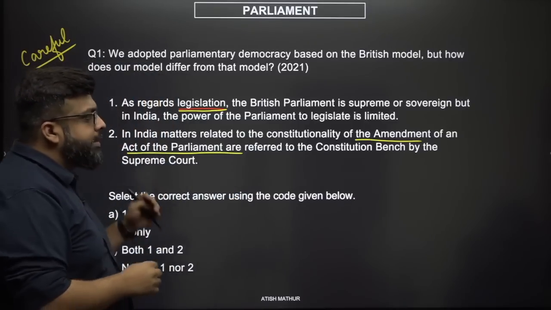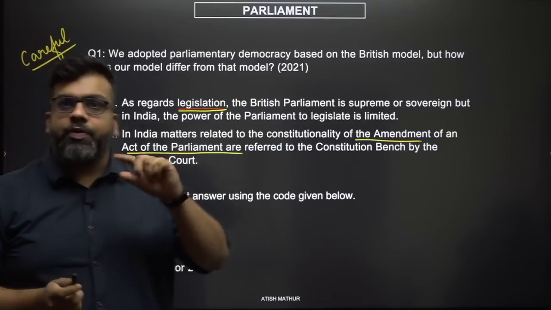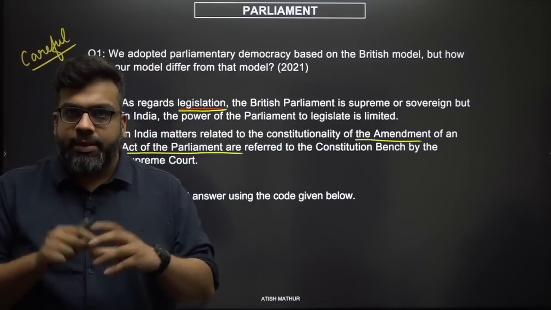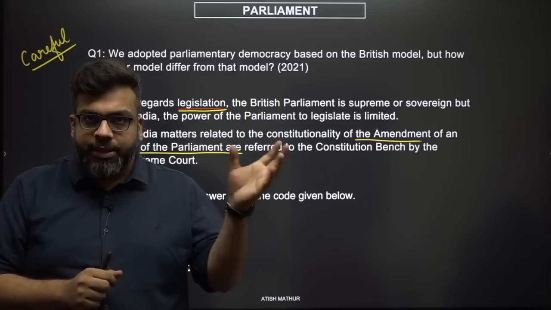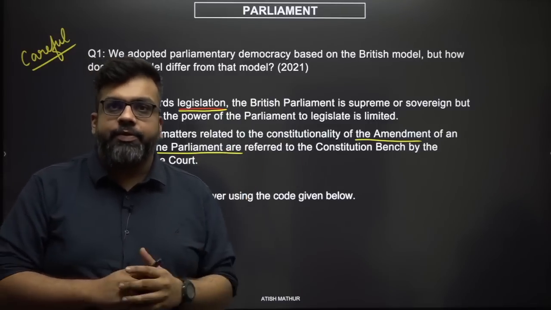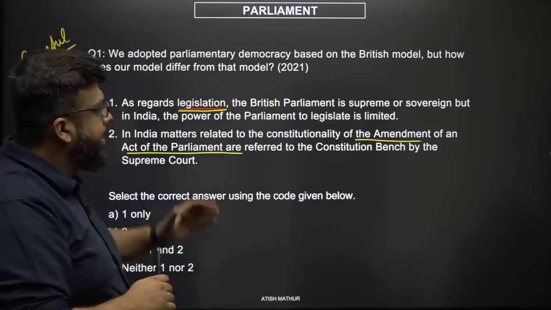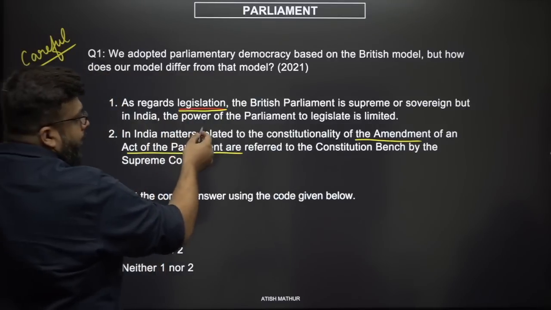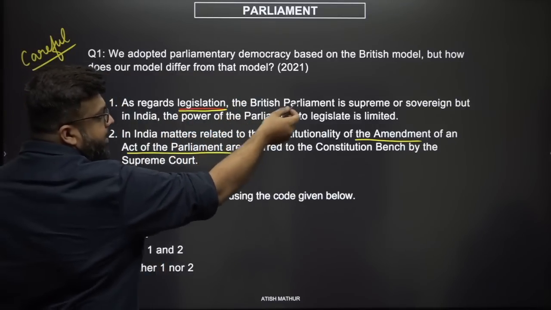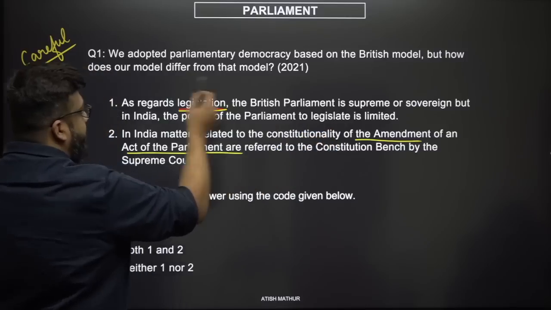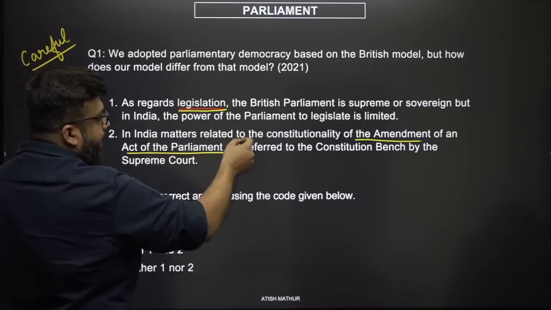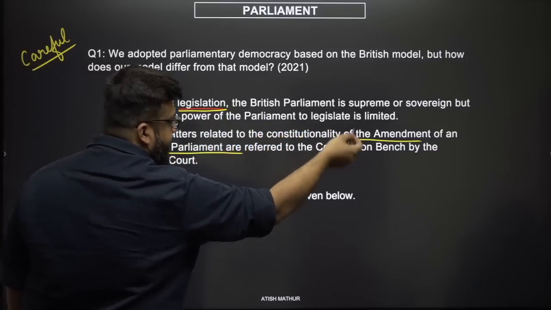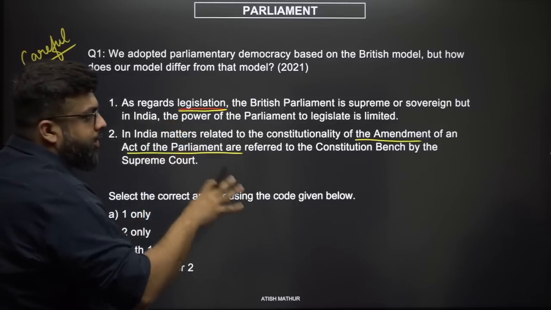So let us simplify this, and we've talked about the simplification technique in the first 16 minutes of the previous video, so you should definitely have a look at that. But let's try and simplify this option. With respect to law, British Parliament is supreme or sovereign, but in India, the power of the Parliament to legislate is limited. What is this basically talking about?